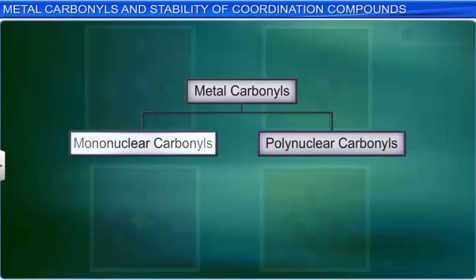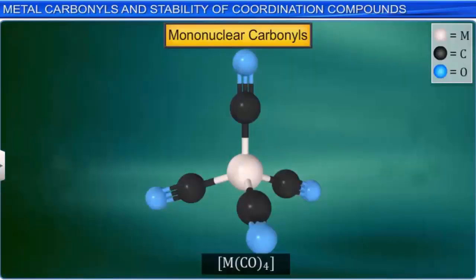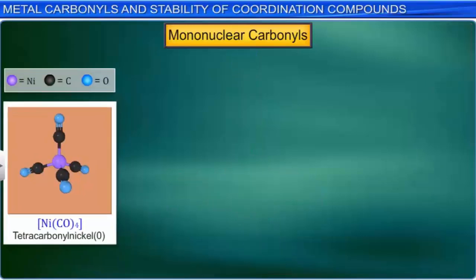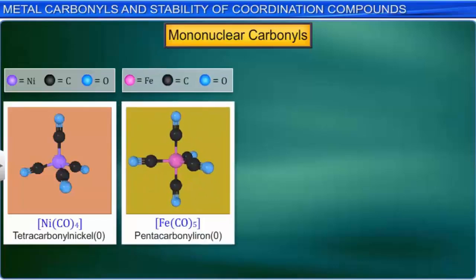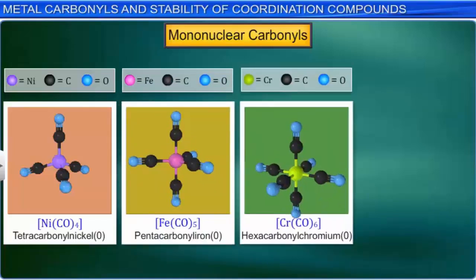Mononuclear carbonyls contain one metal atom per molecule. For example, tetracarbonyl nickel(0), pentacarbonyl iron(0), hexacarbonyl chromium(0) and hexacarbonyl tungsten(0).